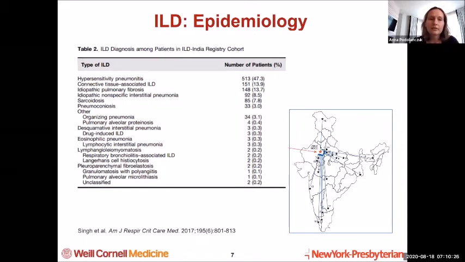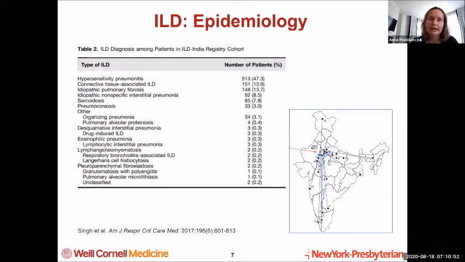And in India, the most common interstitial lung disease was found to be hypersensitivity pneumonitis, and almost half of the patients in their registry had hypersensitivity pneumonitis. The second most common was actually connective tissue disease associated interstitial lung disease. And idiopathic pulmonary fibrosis, or IPF, was the third most common, with roughly 14% of patients.